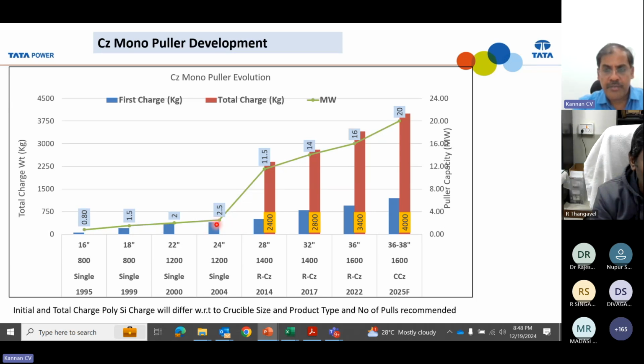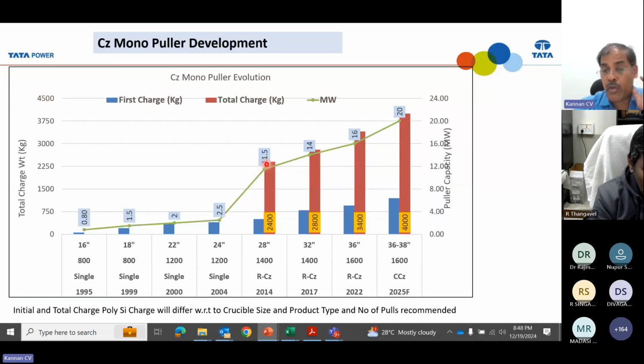And one puller in 2004 could produce only 2.5 megawatt capacity equivalent ingots. But in 2014, after 10 years, the same kind of puller design can produce 11.5 megawatt of capacity.